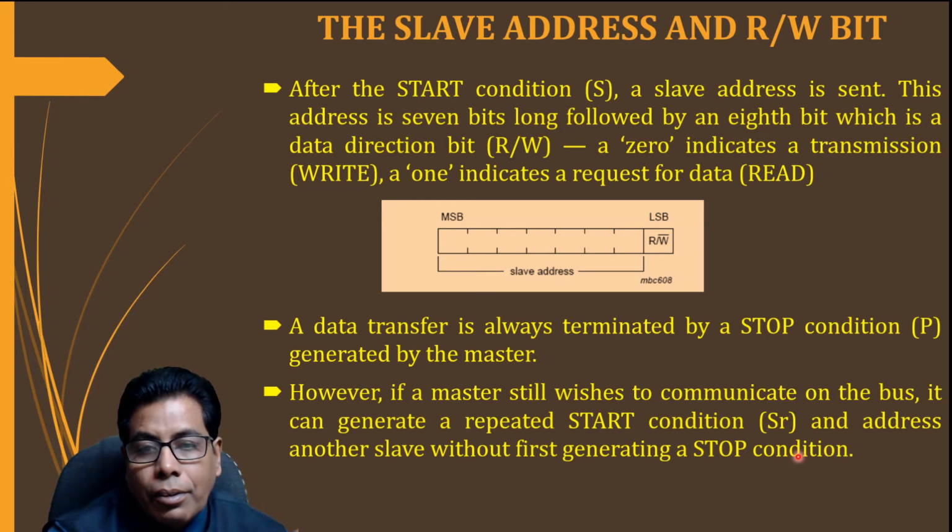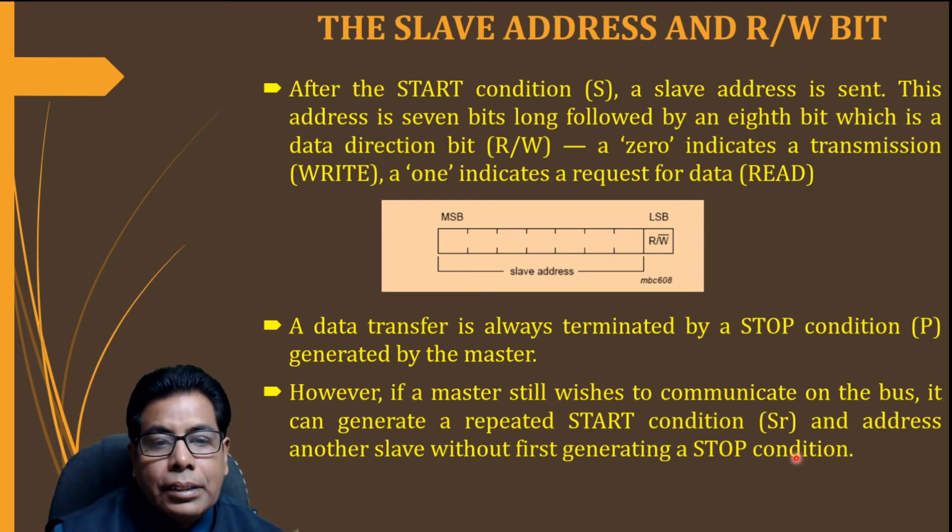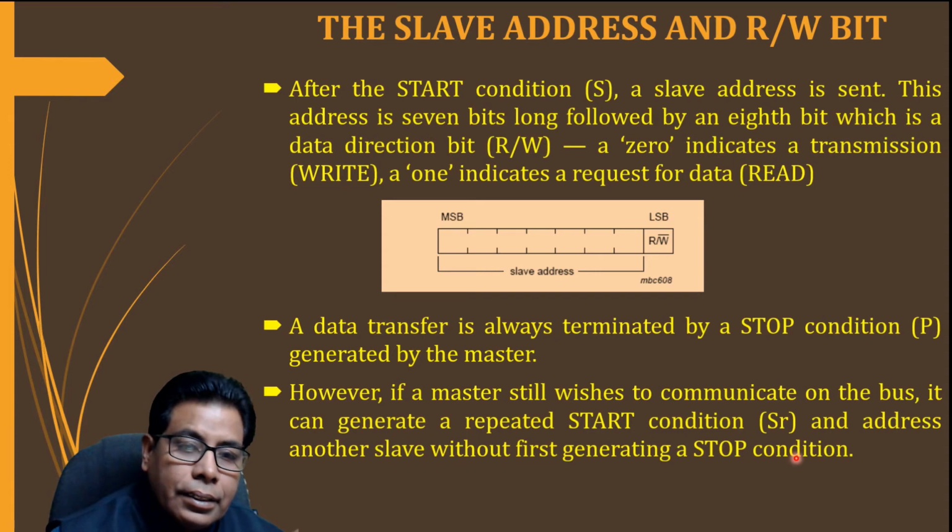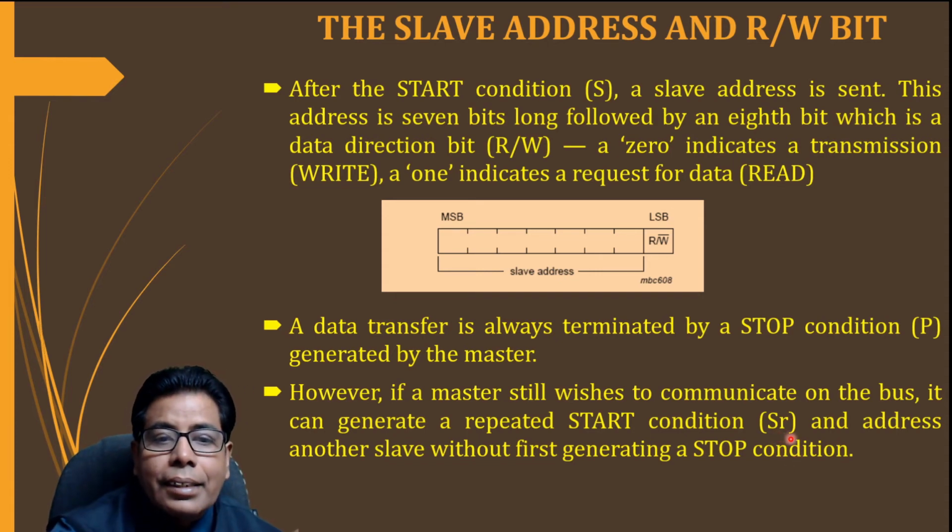So when the master finishes all his work, then only he will generate the stop condition. Otherwise it can generate the start condition called SR and again do the data transfer to another slave.